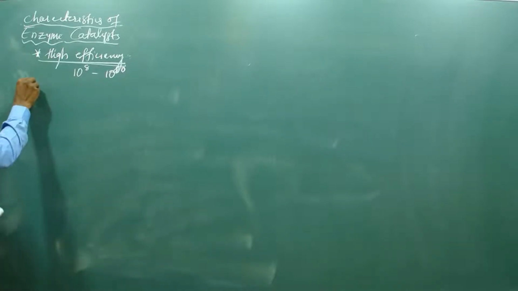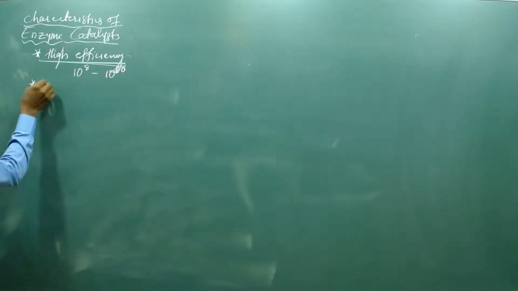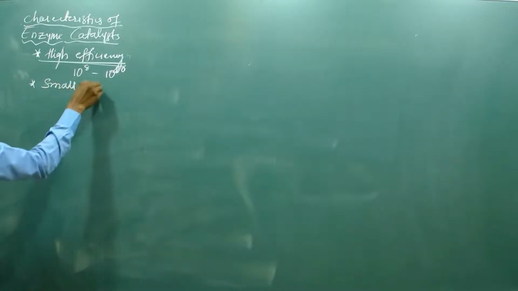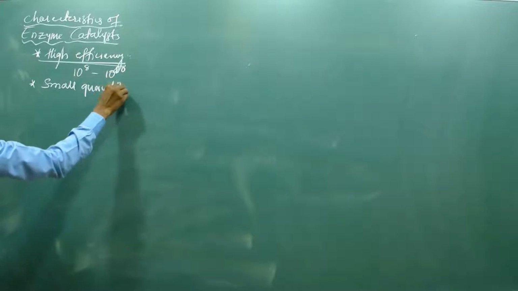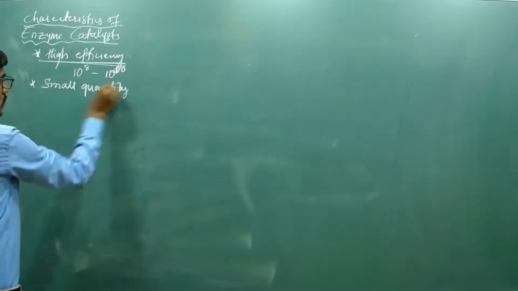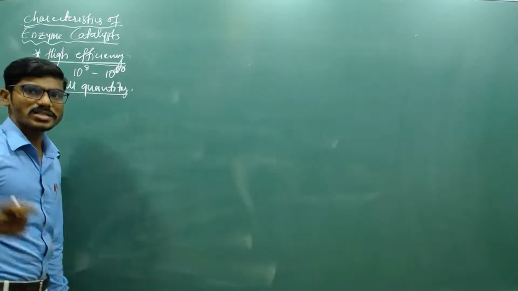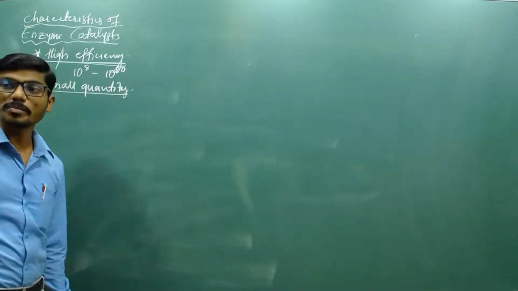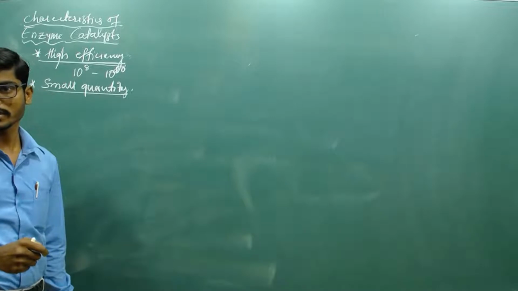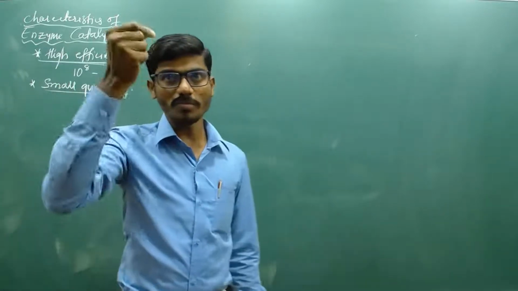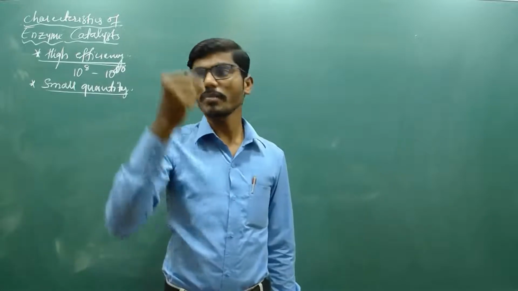And even an extremely small quantity is required. Small quantity is enough. Small quantity means as small as 1 millionth of the quantity, that means 1 by 10 to the power 6.